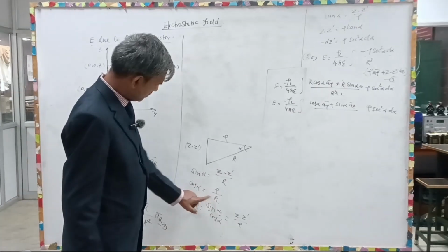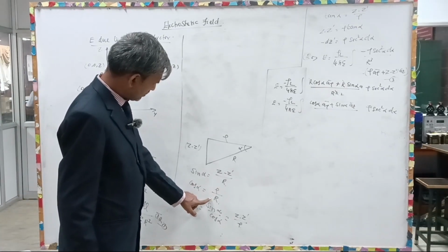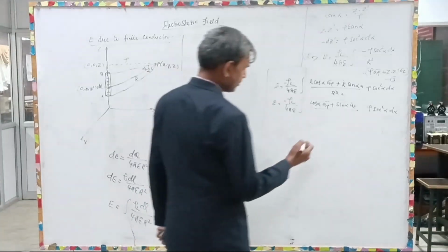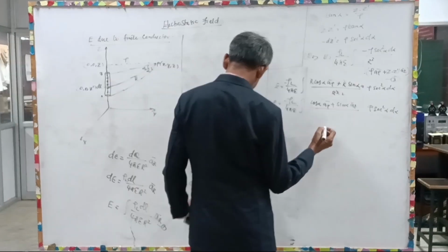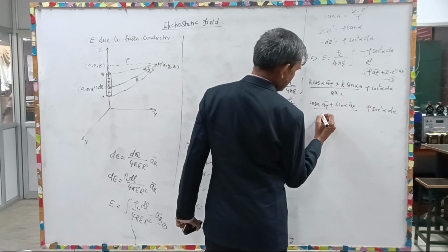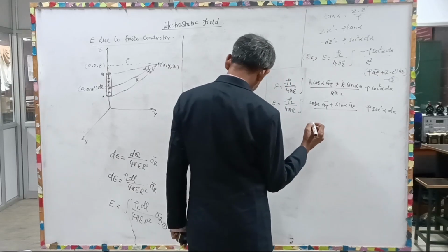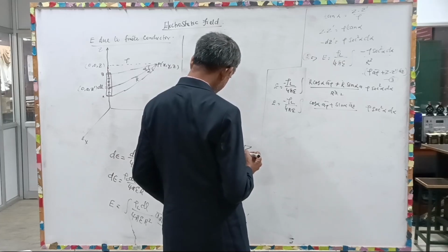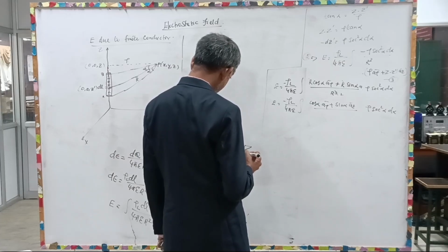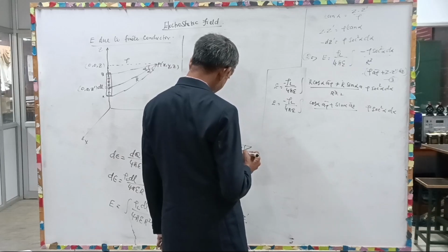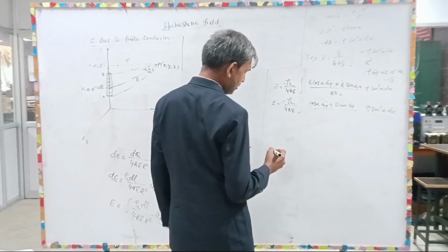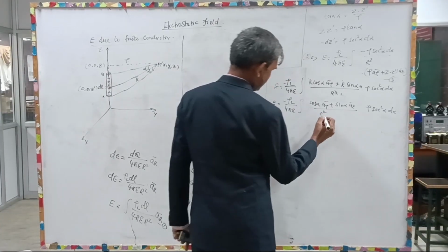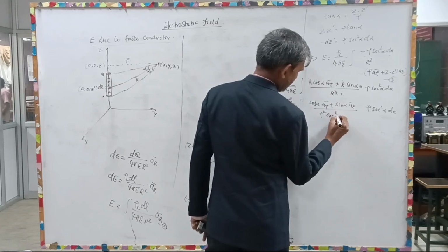So R is equal to rho by cos alpha, and 1 by cos is equal to secant. So R square is equal to rho square into secant square alpha.